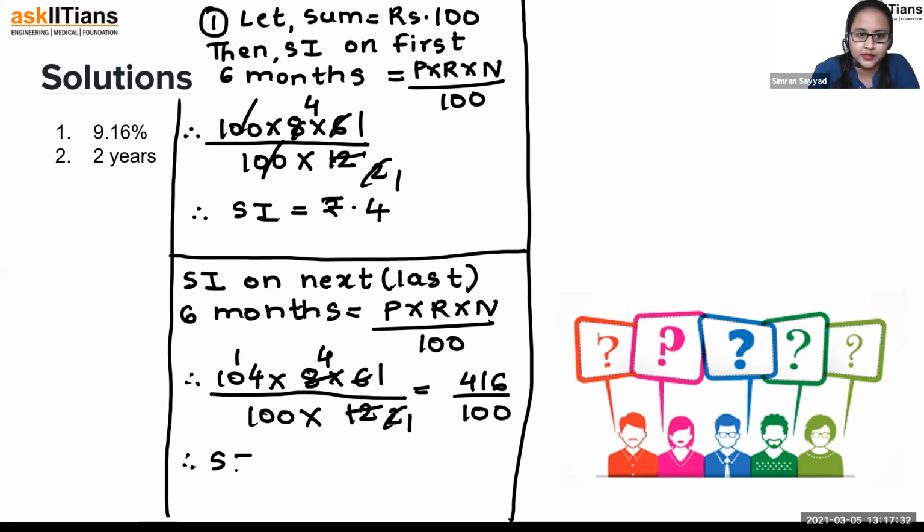Therefore, the simple interest is rupees 4.16. So we got two different simple interests.